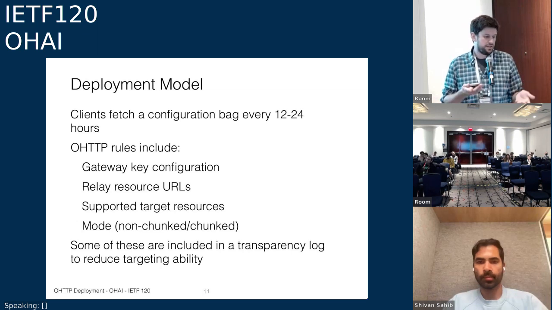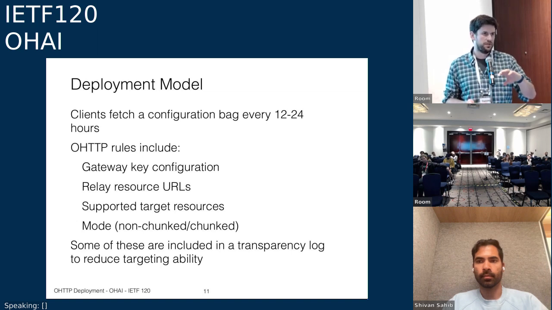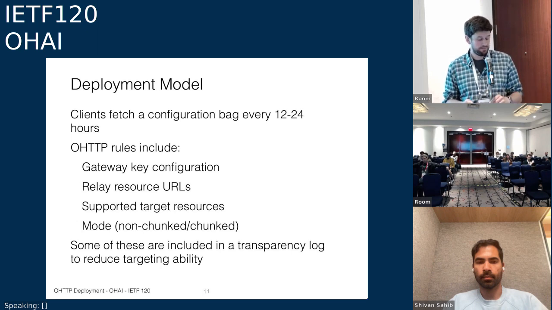And then it also indicates whether or not you are supposed to be using chunked or non-chunked for this particular rule. And if you look into some of the stuff we're doing for the Private Cloud Compute features, there's a lot in there around trying to make sure that there's non-targetability. And so these configs are also being replicated into a transparency log, and we're validating against that. And so that's another aspect of this config.